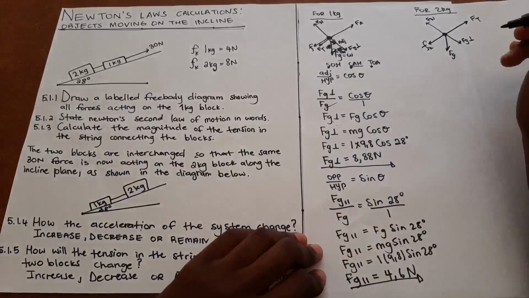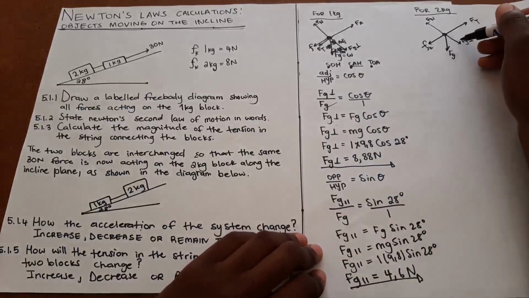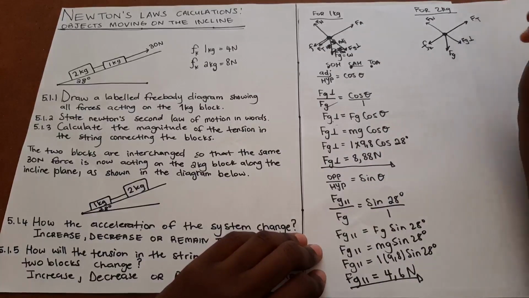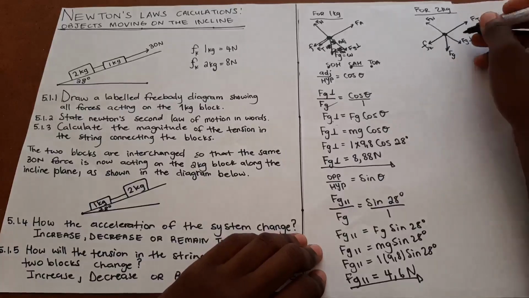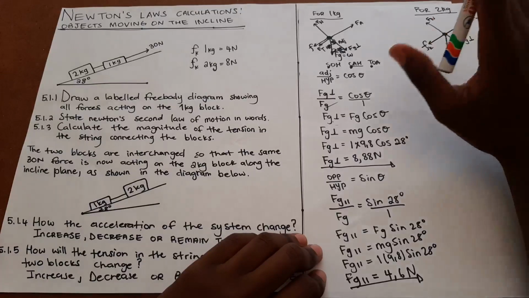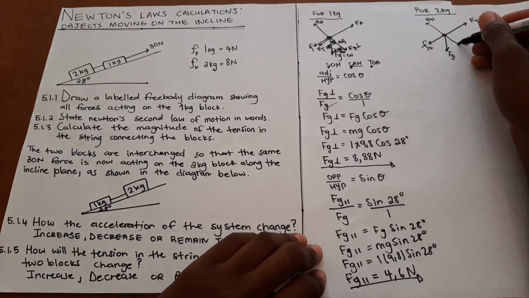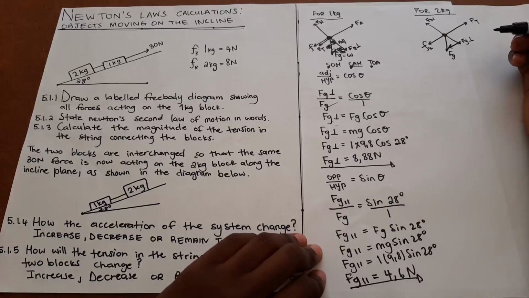I hope you can see. Again, the parallel component is acting down the incline, but I'm going to show it here so that you can form a triangle and understand everything. So now we have FG parallel here.